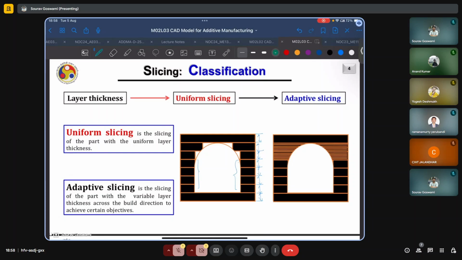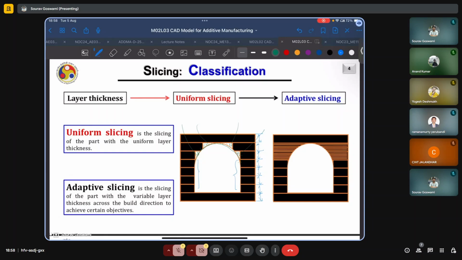But for these regions which have curves, we see that there are large errors and we are under depositing, and this curved feature is lost.